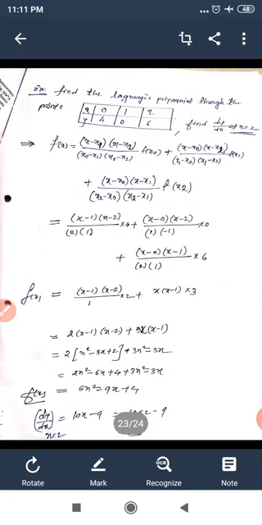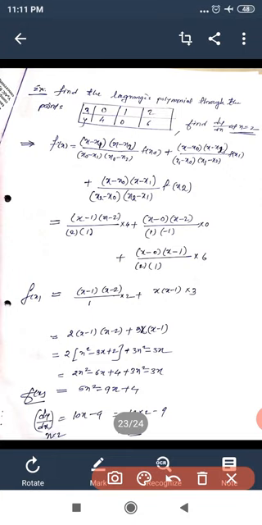Now substitute all values here. Here we have x0, x1, x2 and y0, y1, y2. What do y0, y1, y2 mean? They are f of x0, f of x1, f of x2. f of x0 is 4, f of x1 is 0 and f of x2 is 6. Substitute the values. For the first term, x1 minus x2 is 1 minus 2, so x minus 1, x minus 2.